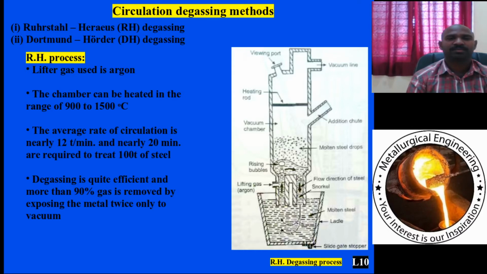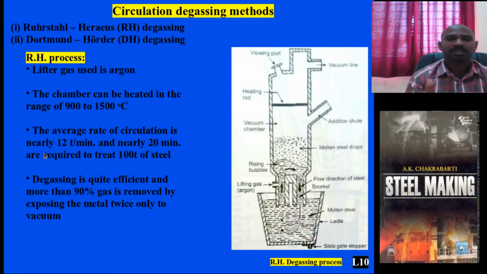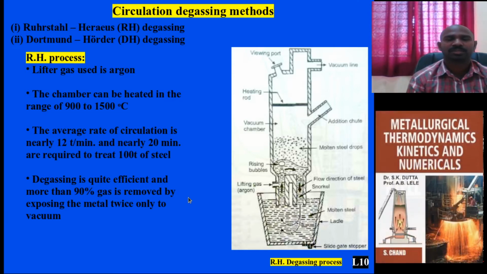For those kinds of steels, train track steels made into continuous rods, circulation degassing methods find suitable application. And 90% of gases, it could be carbon, oxygen, nitrogen, hydrogen, are reduced, removed or brought to a very low level in the RH degassing process.